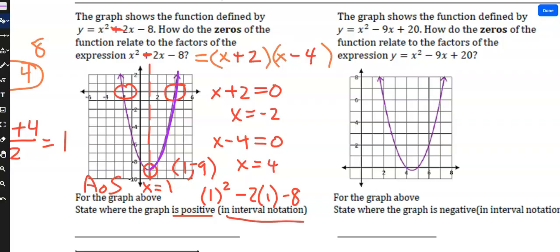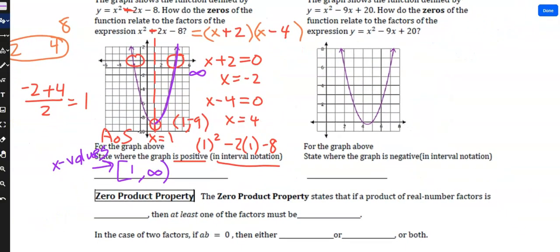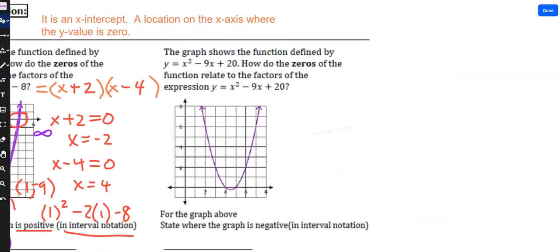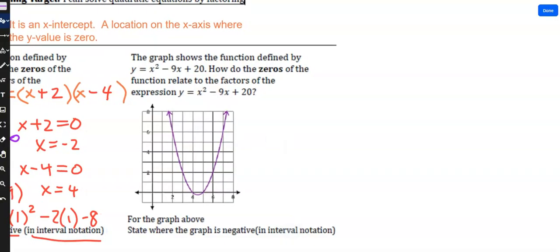So, knowing that, we start at 1 and we go to infinity. 1's in the middle, infinity's out to the right. Remember, these are x values, not y values, x values. Keep that in mind. Okay, so let's go over to this other one and see if it matches.